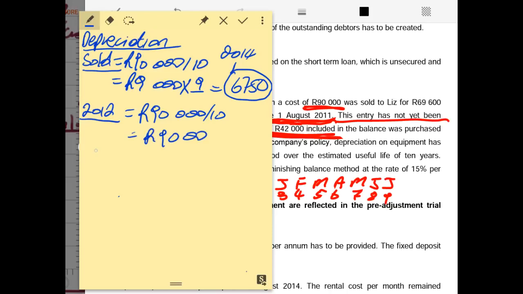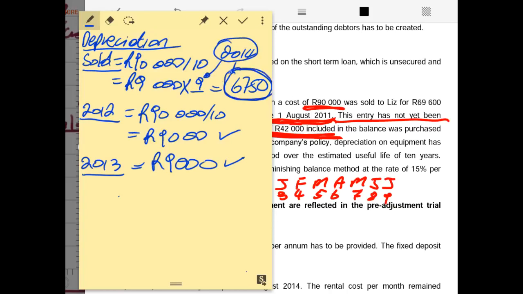It was there for the full year 2012 and 2013, so it will still be the same 9,000 rands. It was there in the business in the year 2014 only for 9 months.